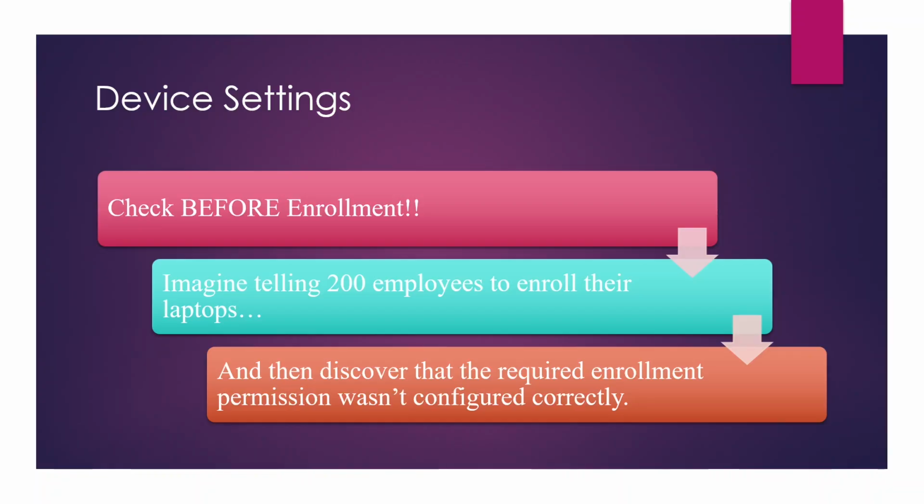And then, once they start reporting the issues and the errors, you discover that the required enrollment permission wasn't configured correctly. So that gives a wrong impression. And it is not the kind of Monday morning any administrator would want. So before starting to perform any sort of Entra registration of devices or enrollment of devices to Intune, always go and check the device settings.